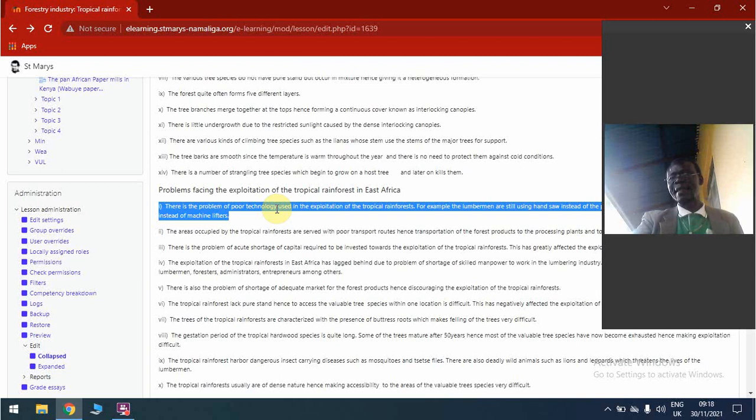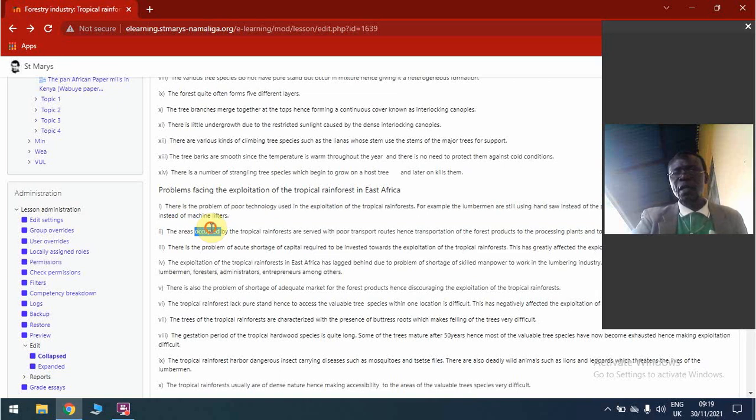You need at least, at the most, hand-driven saws. But even today, the hand-driven saws are too small that they may not be able to manage effectively the tropical rainforest exploitation. There are other more advanced technologies which we do not have here in East Africa. So there is a poor technology which is still being used in the exploitation of the tropical rainforests.